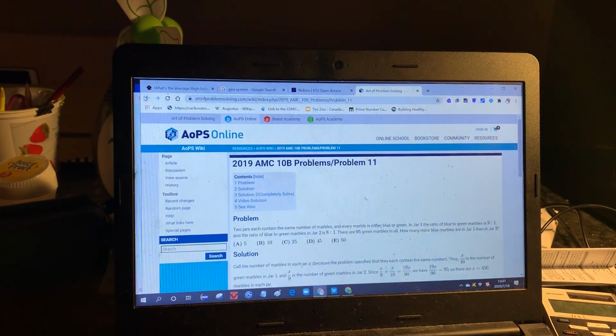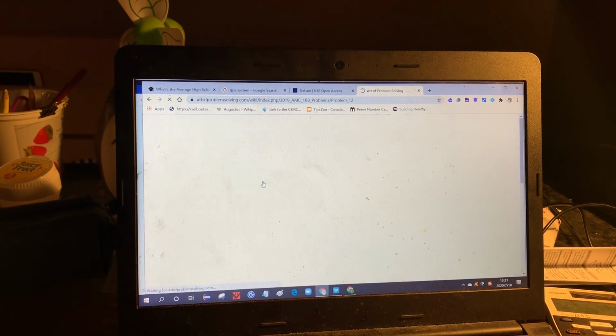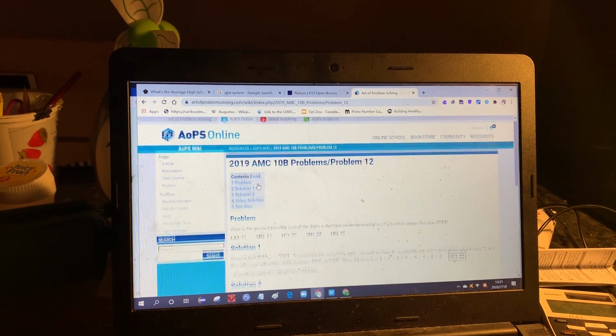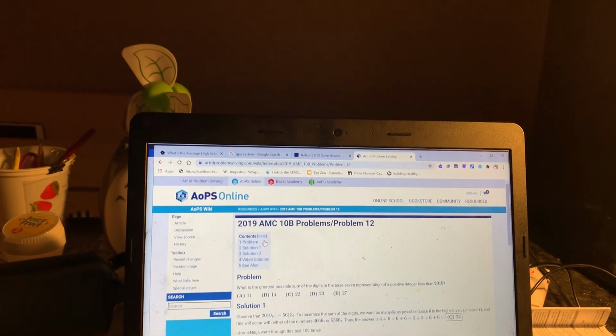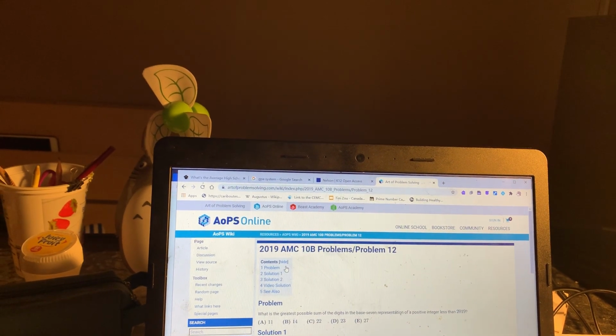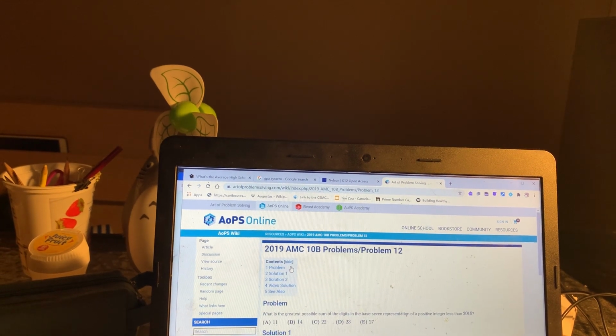Let's now do problem 12. What is the greatest possible sum of the digits in the base 7 representation of a positive integer less than 2019?